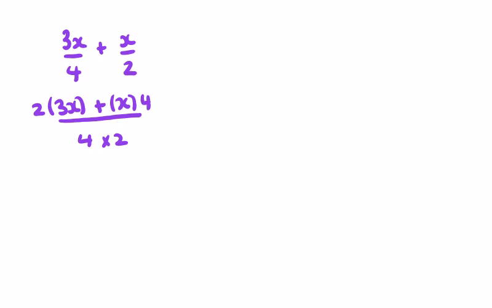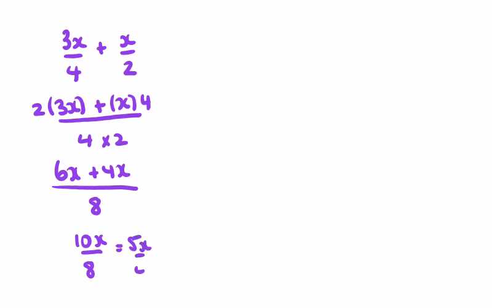The 4 could go in front of the x, we get 6x plus 4x over 8. So we get 10x over 8, which 2 divides into both, so this is equivalent to 5x over 4.